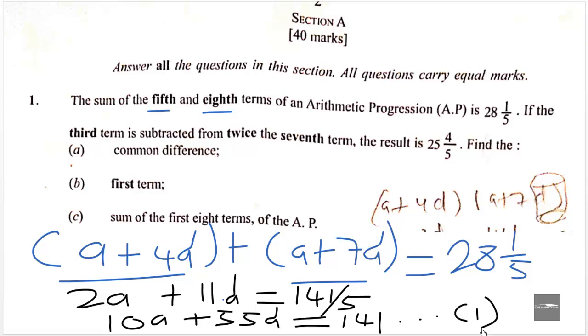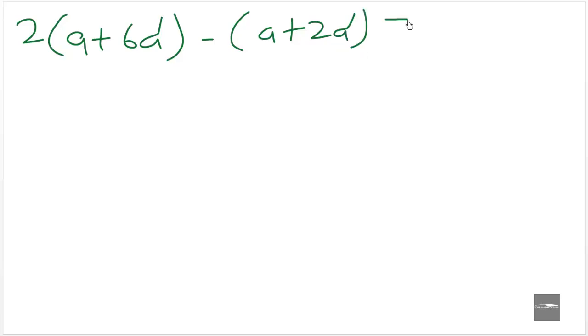We can call this equation 1. We're also given that if the third term is subtracted from twice the seventh term, the result is 25 whole number 4 over 5. So twice the seventh term minus the third term gives 129 over 5.